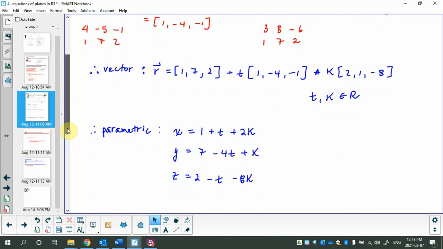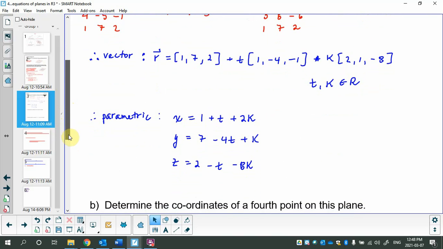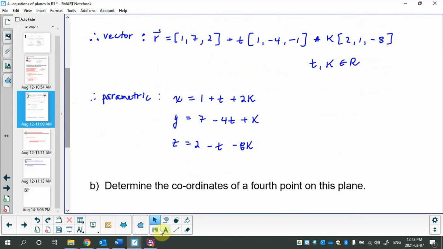So what you might want to do, and you have to kind of play around with it a little bit, you're totally allowed to say, okay, t is equal to 0 and k is equal to 1. Before I solidify that choice, I'm going to see what that does. So what that does is it makes this be 0, and I end up with 1 plus 2, which is 3, for the x.